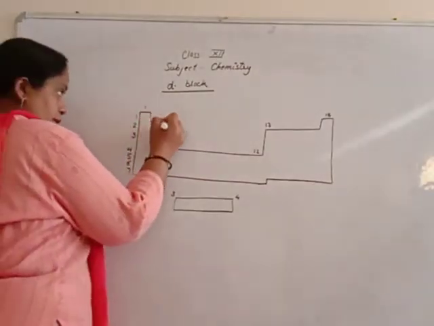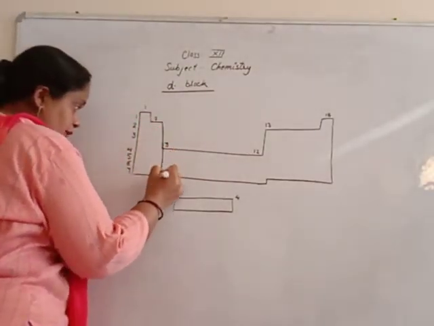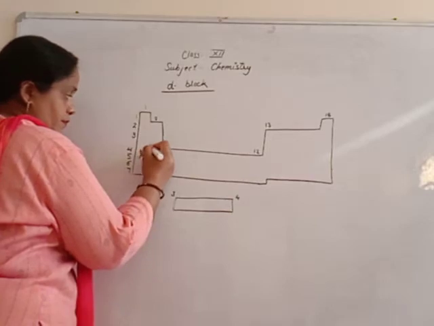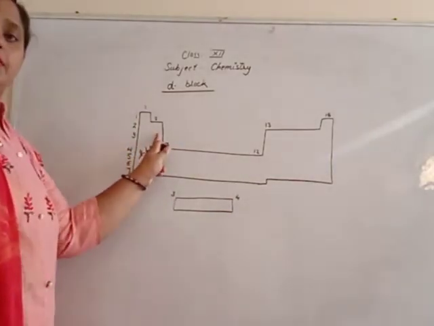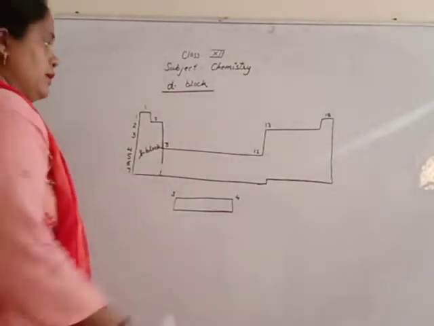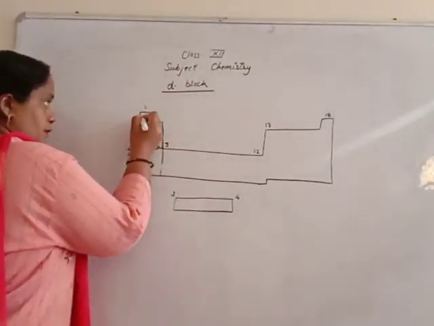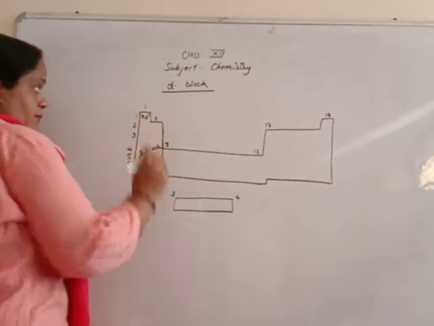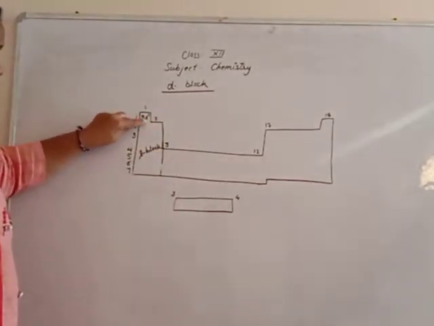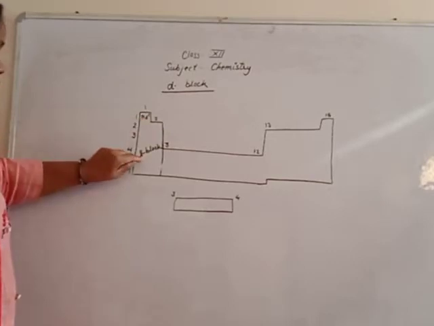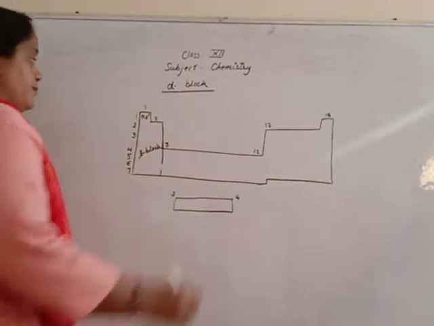Beta, first and second group are included in S block because the last electron of these two groups enters in S orbital. Electronic configuration of first group is ns1. The number of shell n will change, but the outermost electron enters in S orbital, so it is included in S block.